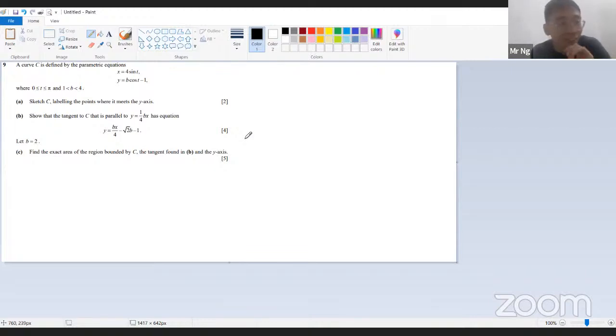Okay, so B is between that. I don't know, I use B as maybe 2.5, then after that minus 1, graph.